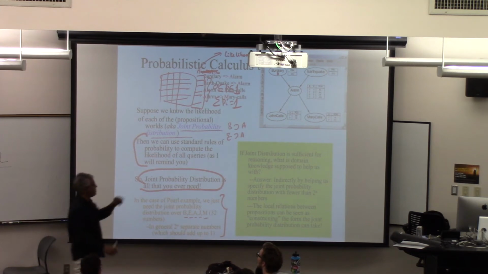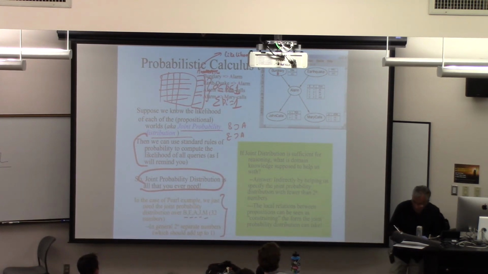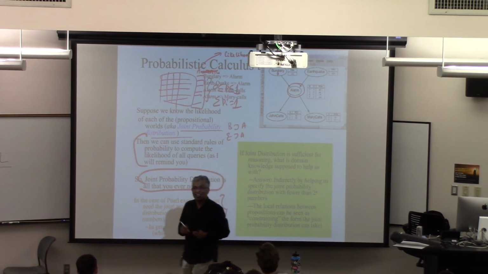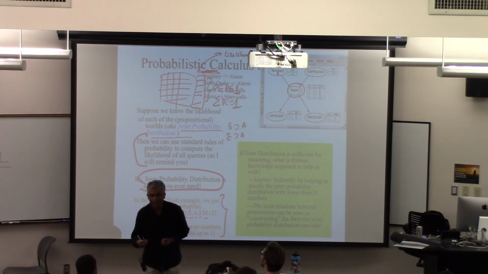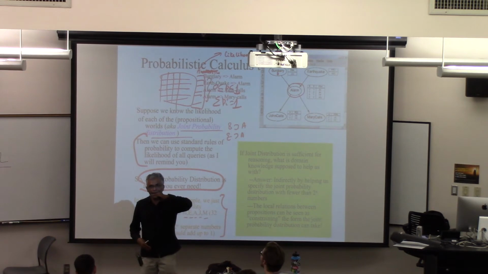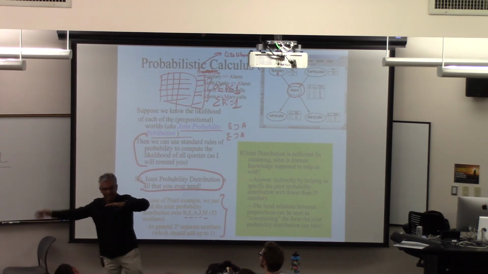Okay? Having put the topology, whatever topology you put, then for every node, with respect to its parents, I need to provide a table of probabilities. That is what's called a conditional probability table. What it says is, for every node, tell me the probability distribution of that node given the different values its immediate parents can take.